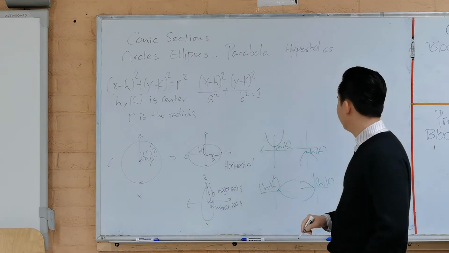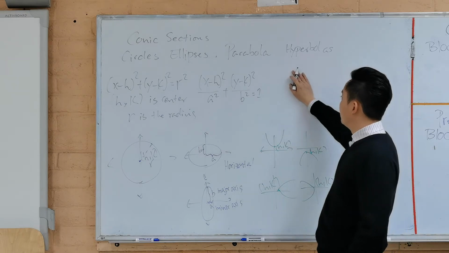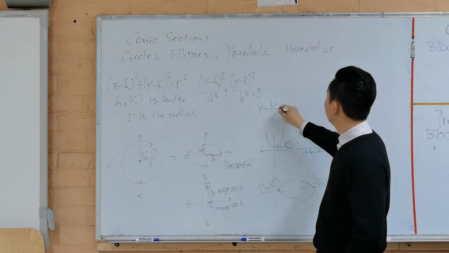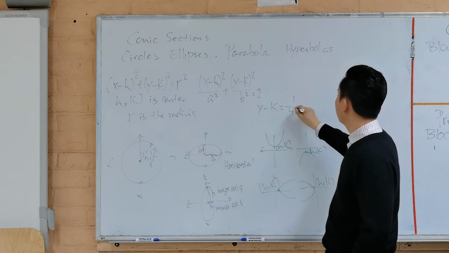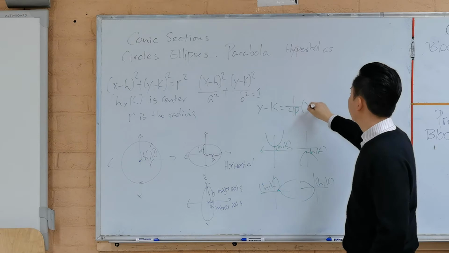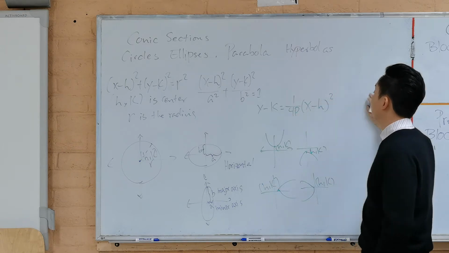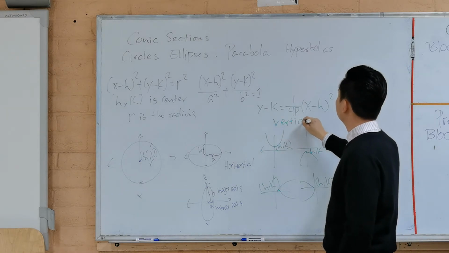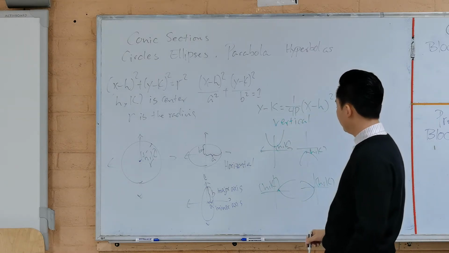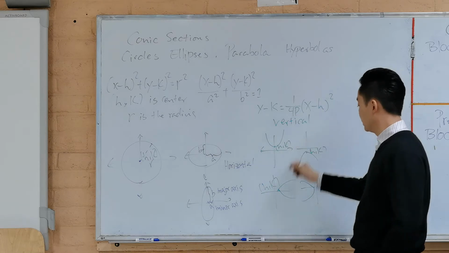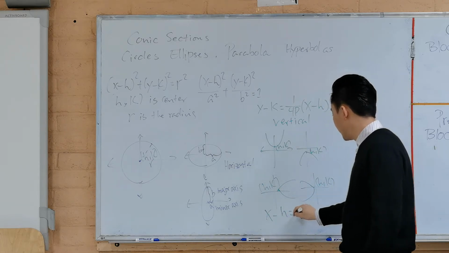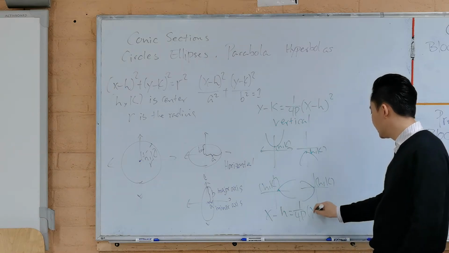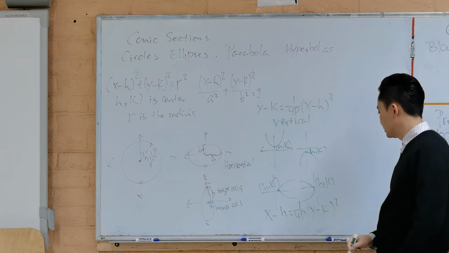So for the vertical parabola, the structure would be y minus k equals 1 over 4p times the quantity (x minus h) squared. Okay, so this one's for the vertical. And then for the horizontal, it'd be the other way around: x minus h equals 1 over 4p times the quantity (y minus k) quantity squared.